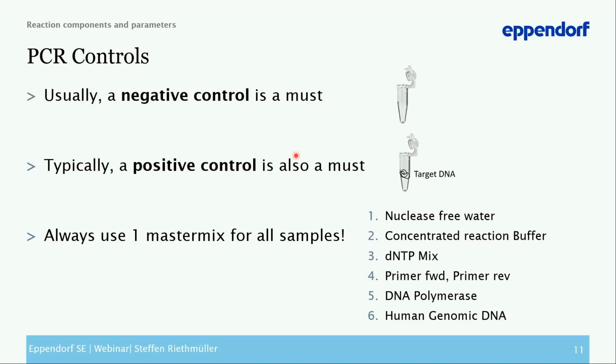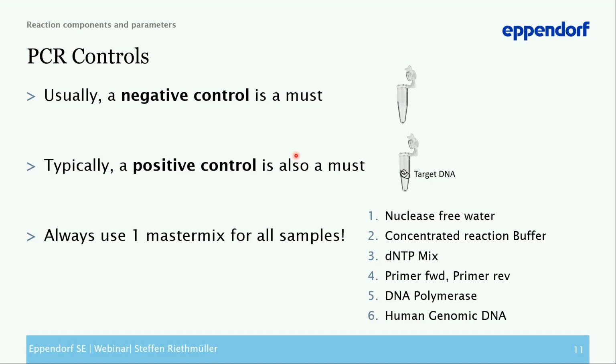Yes, controls are also important. So normally each experiment should contain a negative control and a positive control. And what is also recommended is to use one master mix for all samples. The order in which you add the components of the master mix is also quite important.